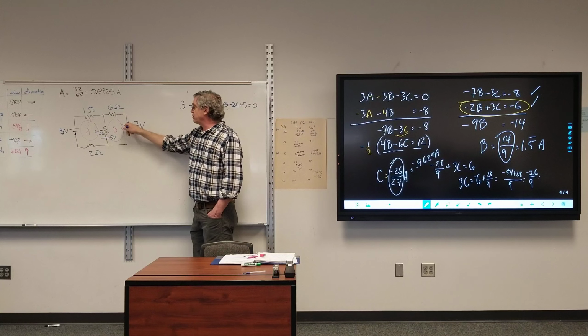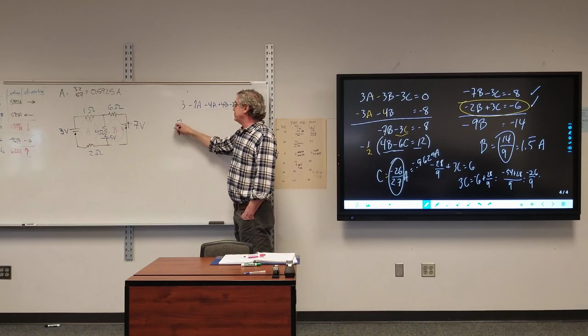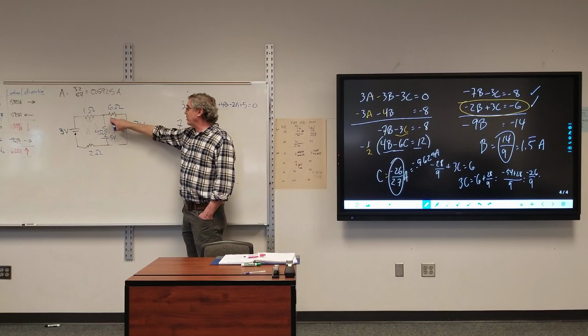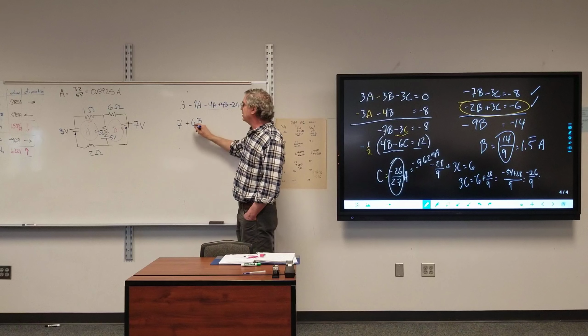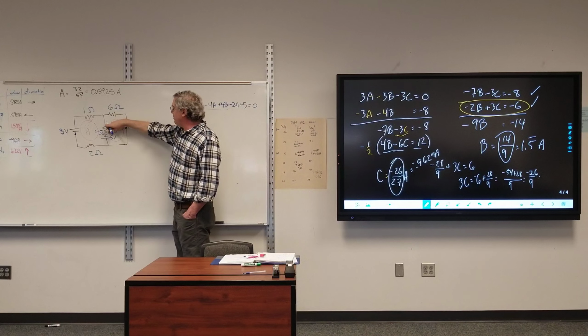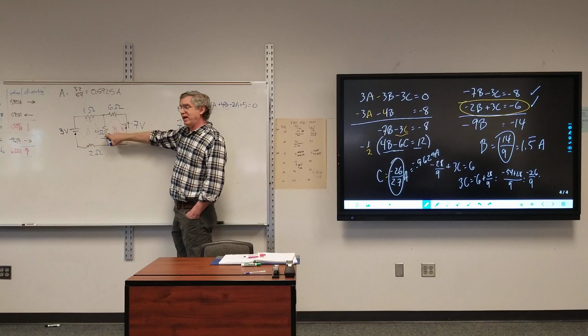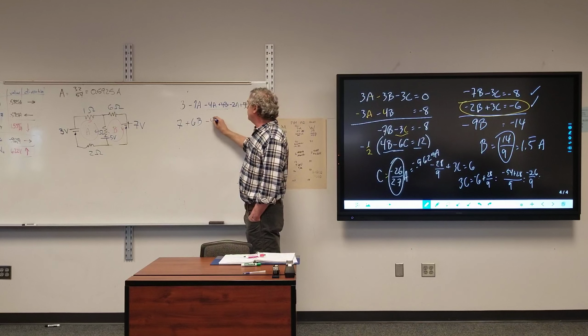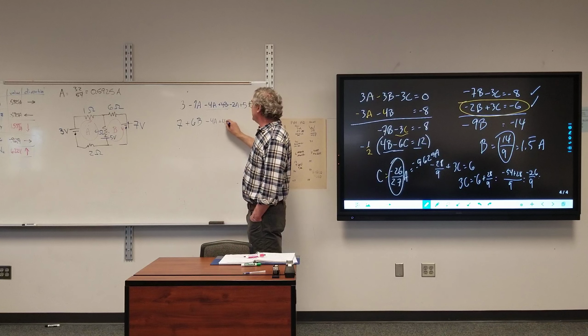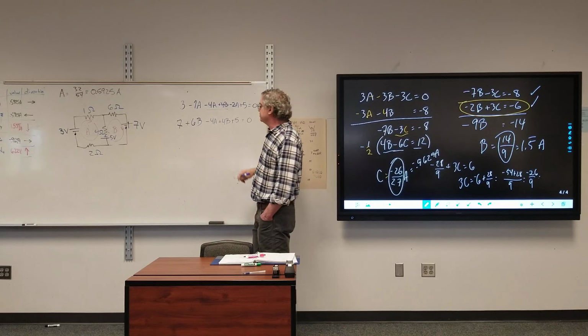So I'm going to go this way with my voltage loop. So 7. I'm going to cross the 6, but opposite the direction of B, so plus 6B. Cruising on, coming down this one right here, I'm going in the direction of A, opposite the direction of B, so minus 4A plus 4B plus 5 equals 0.